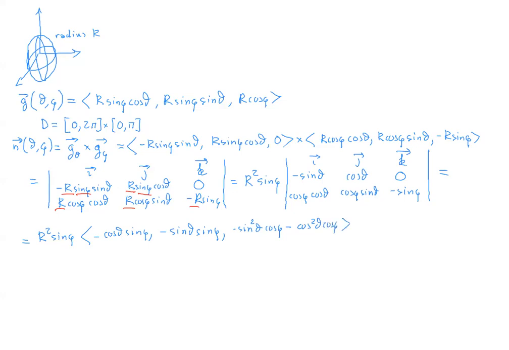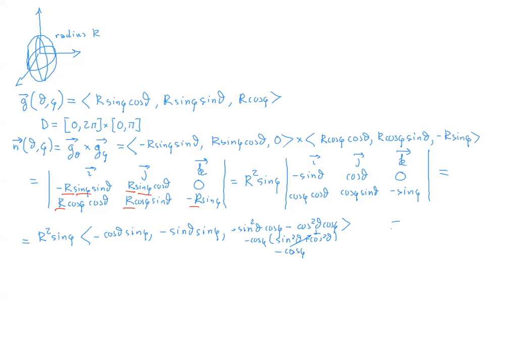But I hope you all see the very simple simplification here. Gotta love this, which is what? You factor out the negative cosine phi, and inside you have sine squared theta plus cosine squared theta, which gives you 1, and this is negative cosine phi.